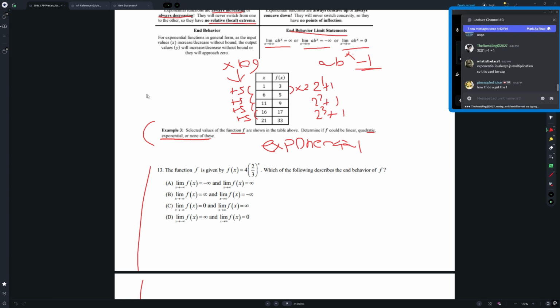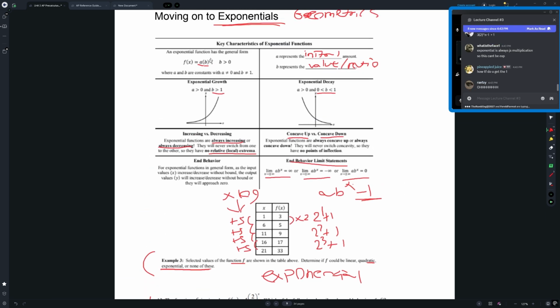Because if you see this, this is an exponential function. You can have a vertical shift upwards, or a vertical shift downwards by -1. Which means that these y values change depending on your vertical shift.